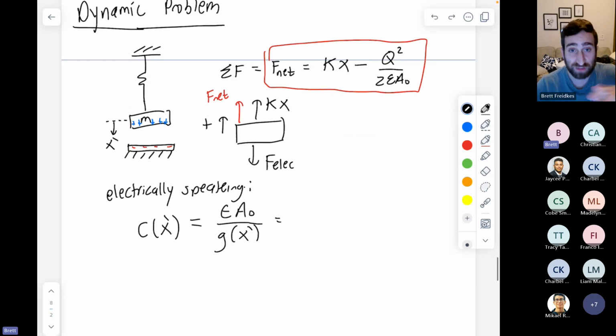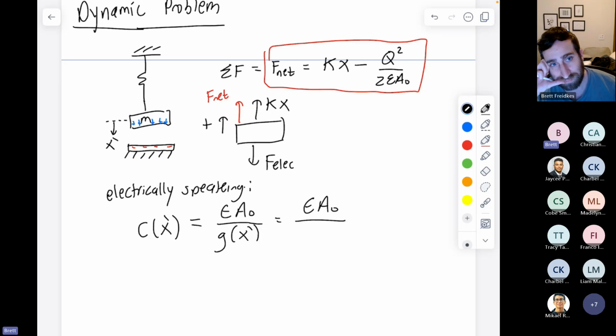If the mass has moved closer to the plate by some little amount x prime, what would I write in the denominator? I want to include G naught. G naught minus x prime. That's correct.